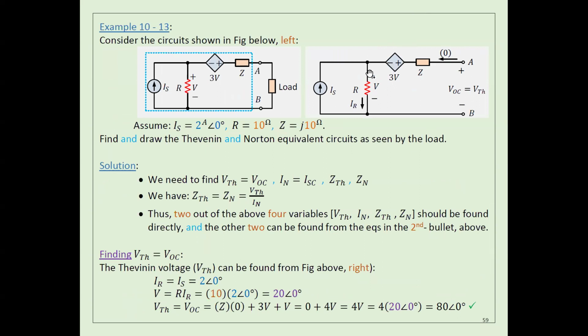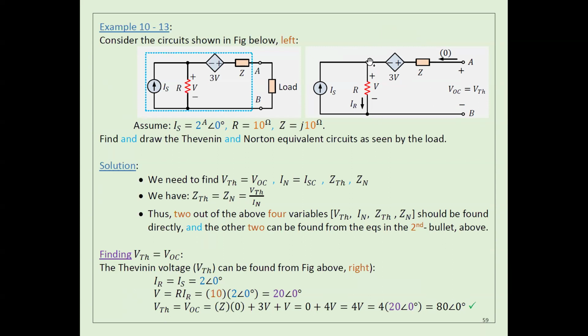Okay? So after I calculated V here, actually the voltage of this point is V. So the output voltage here should be V, and then we have another 3V drop. So the output here should be 4V.